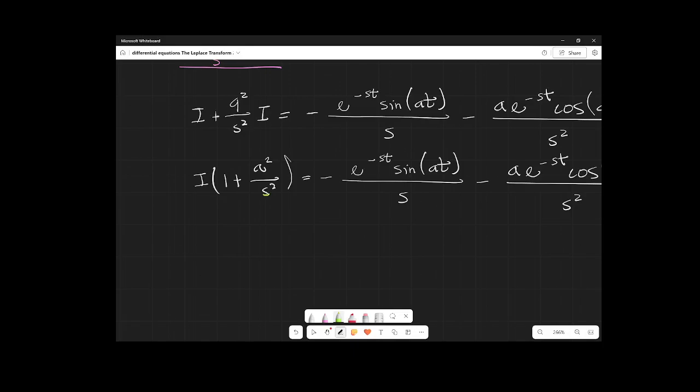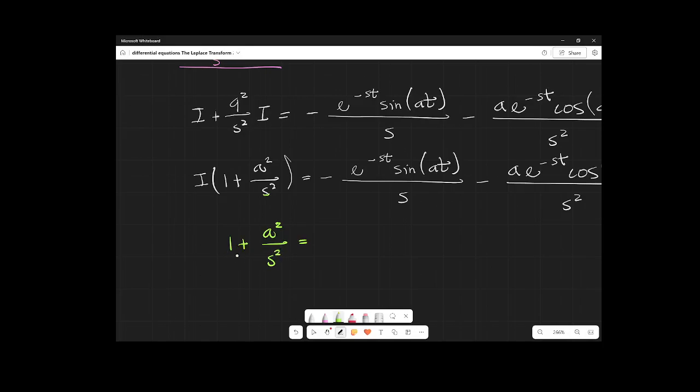So I can write these two terms. So I can say that 1 plus a squared over s squared is actually equal to, let's just multiply by s squared.